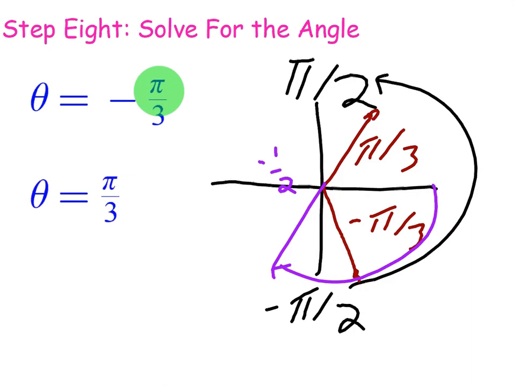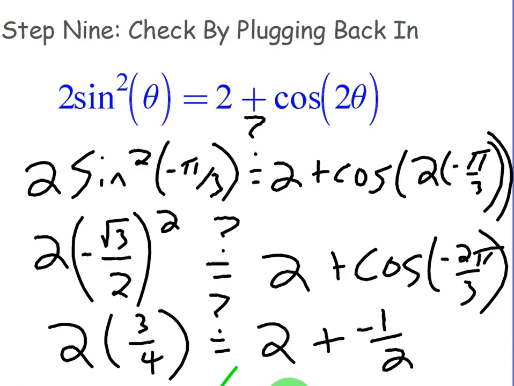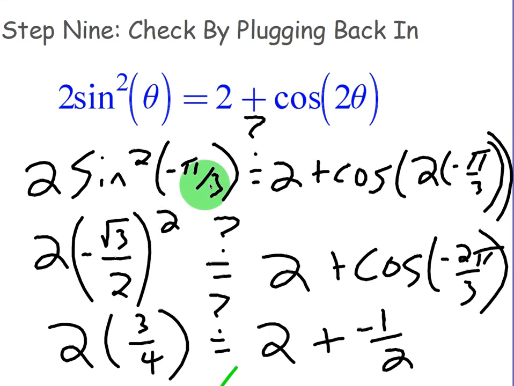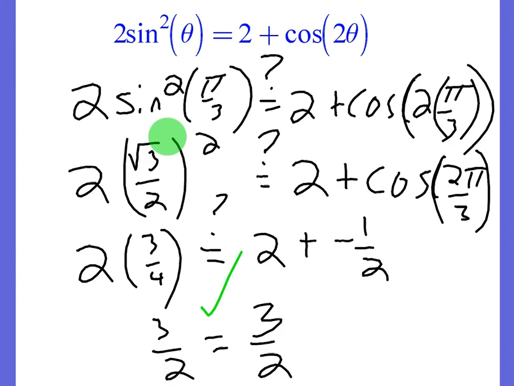Cosine of 2 pi over 3 is right here on the unit circle, and you're still going to get negative 1/2. And if you look at working out the left-hand side, it's exactly the same that we did when we plugged in negative pi over 3. You get exactly the same thing on the left. Okay, so you get 3/2 equals 3/2. So when you plug in pi over 3 and simplify it, you get 3/2 on both sides. So pi over 3 also works.